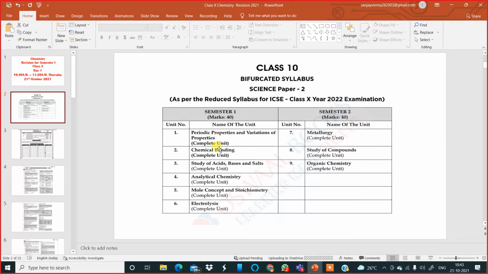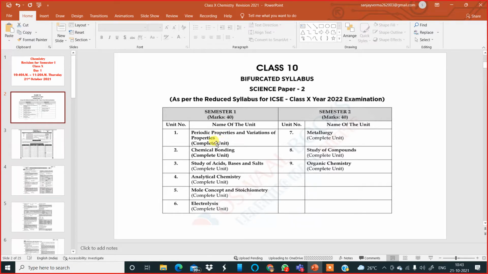This is the syllabus you have to prepare for semester 1. For semester 2, the chapters are metallurgy, study of compounds, and organic chemistry. So today I will start revision questions from chapter 1, periodic properties and variation of properties, the complete unit.